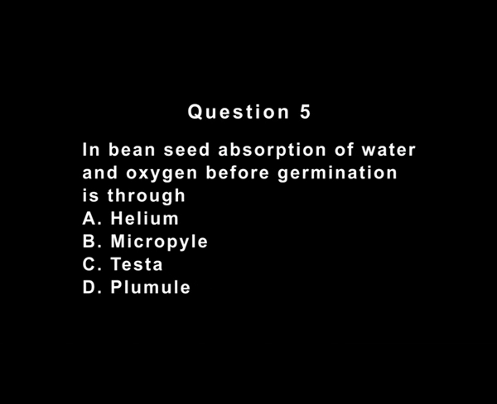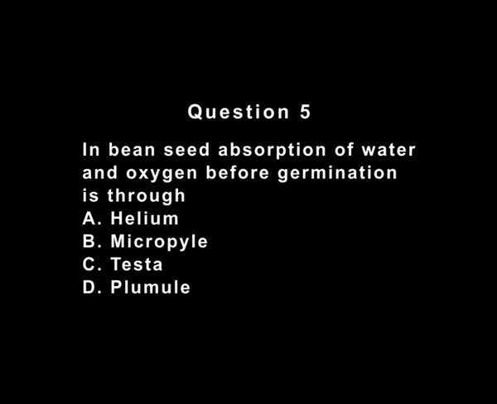Number 5. In bean seed, absorption of water and oxygen before germination is through A, hilum, B, micropyle, C, testa, and D, plumule. Hilum is a scar left by the funicle that attaches the ovule to the placenta.